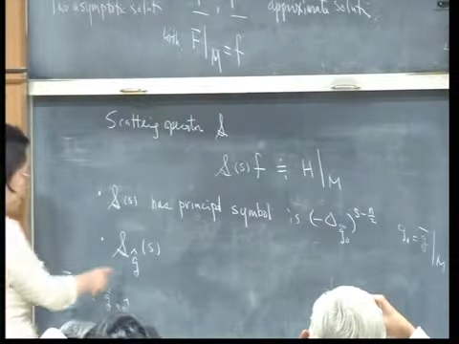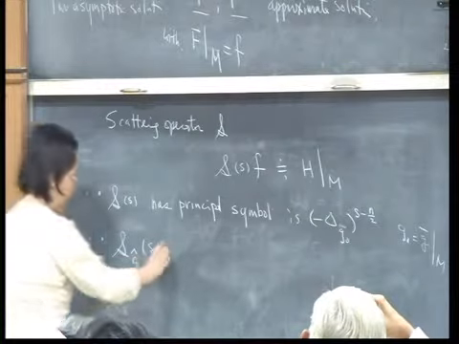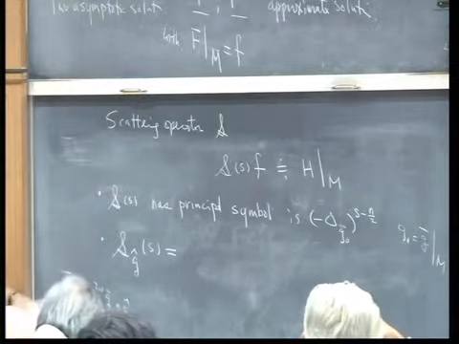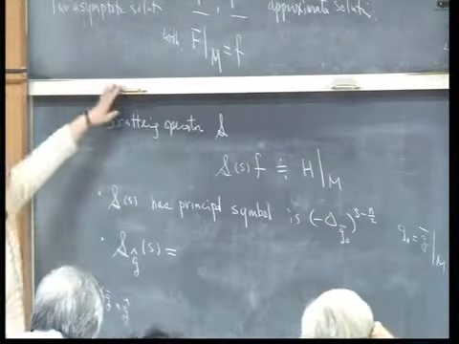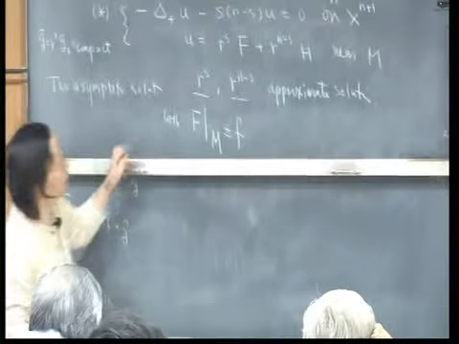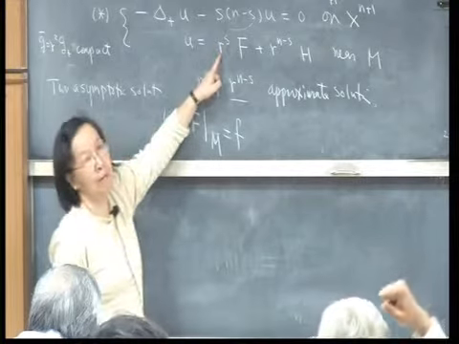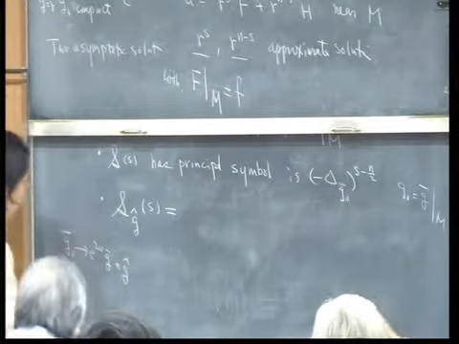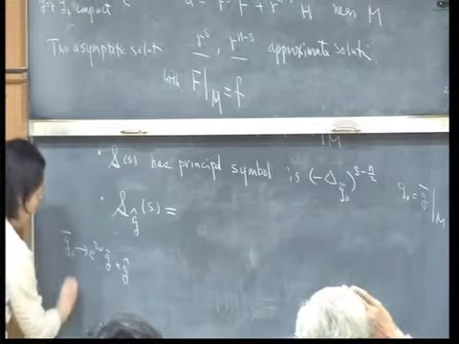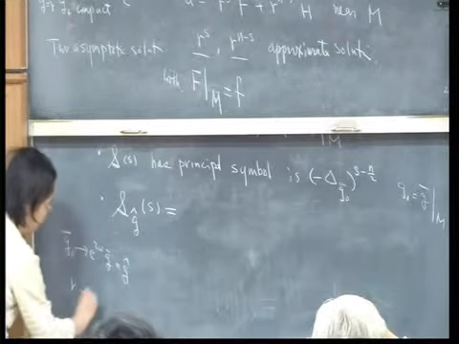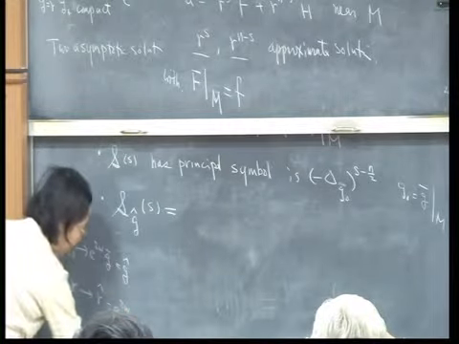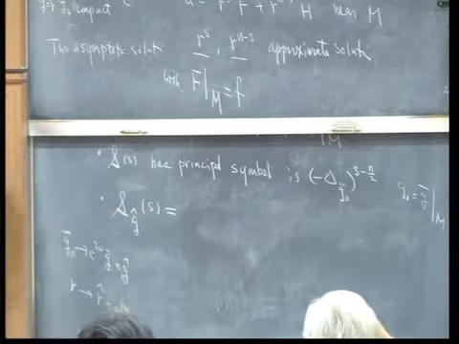It turns out this S operator, because all this is defined through a choice of this distance function, so if you're changing the metric from G to G hat, it amounts to changing r to r hat, which is equal to e to the w times r.